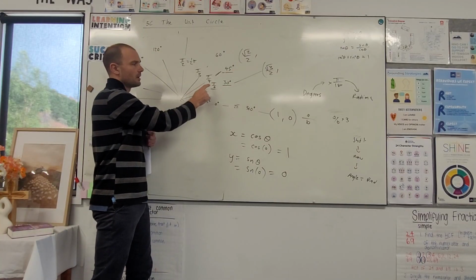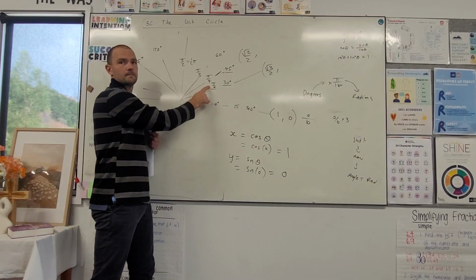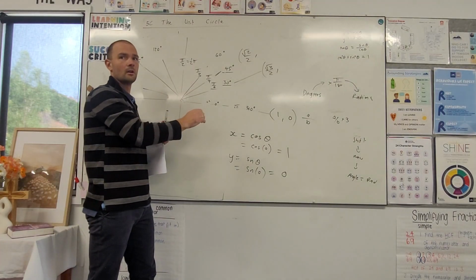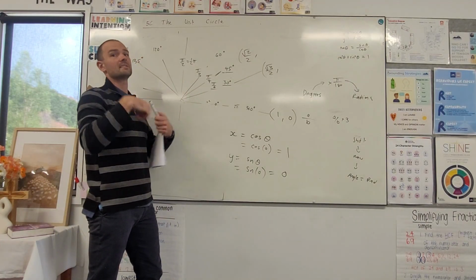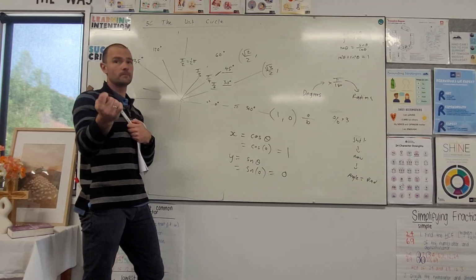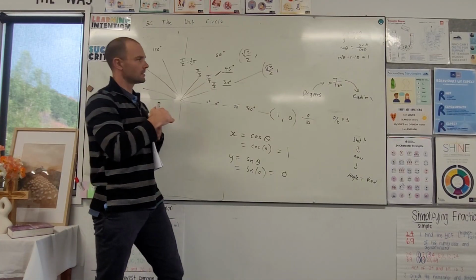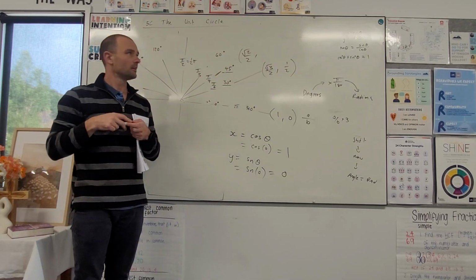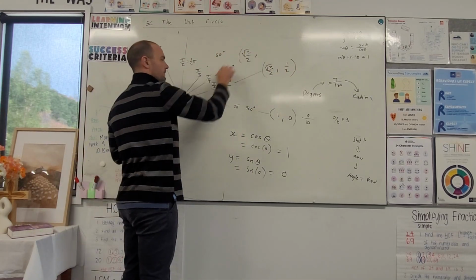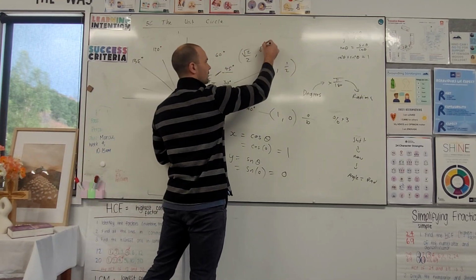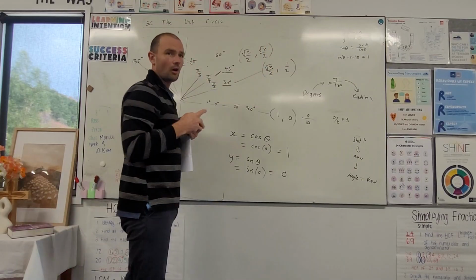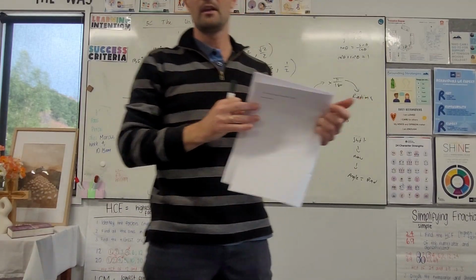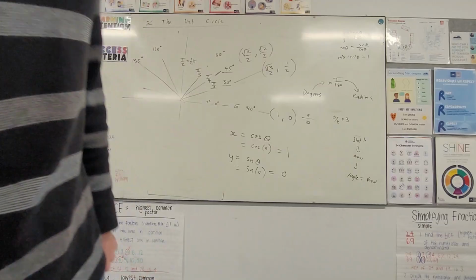Instead, we're going to put in sine pi on 6. Okay, so sine, now we will need a bracket this time, or we just need to make sure we express it as a fraction. Sine of pi on 6, and we'll get positive half. Here, sine of pi on 4, we'll get root 2 on 2. Okay, go the whole way around the circle, fill it all in, and we should have a pretty complete circle by that stage.